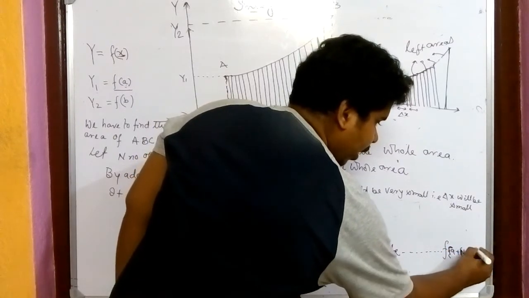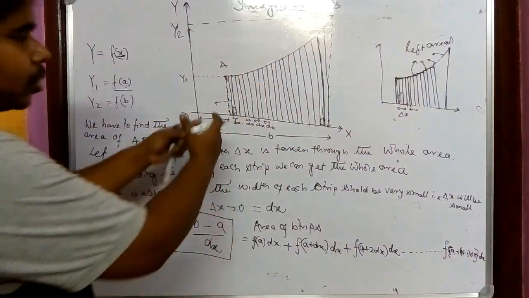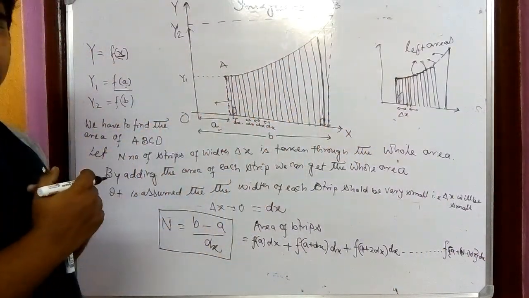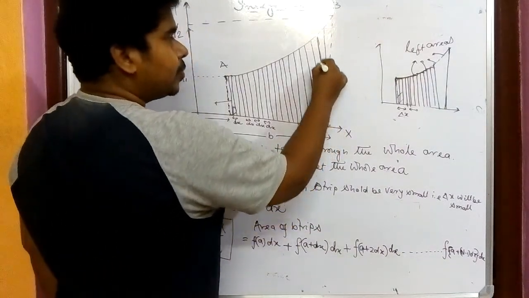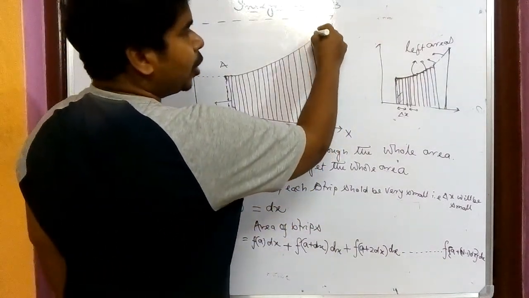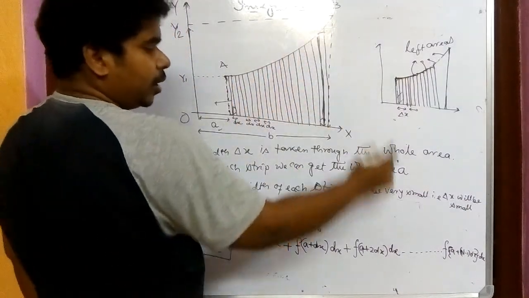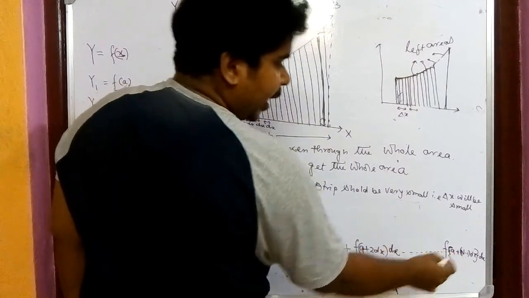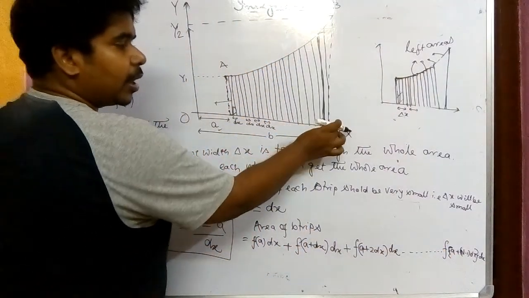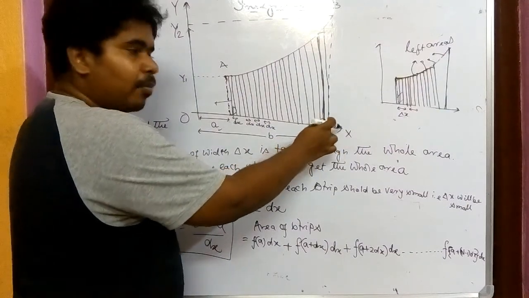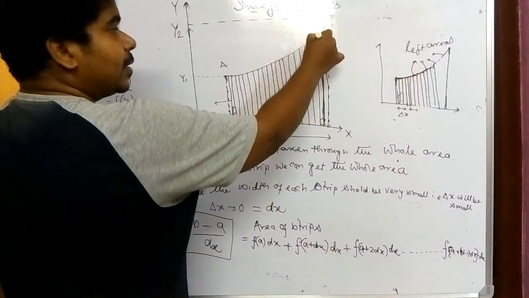You might be asking why I have written n minus 1 into dx. Because the total stripes are n. The last one is n dx, but before it, (n minus 1) dx into dx. So you'll get this area.